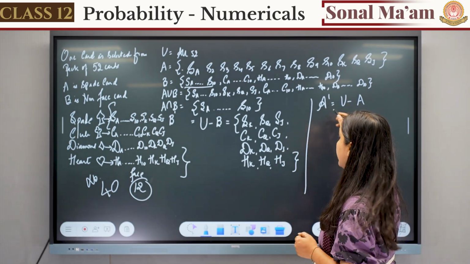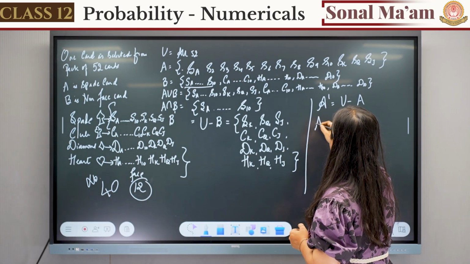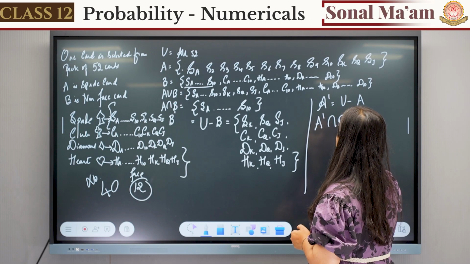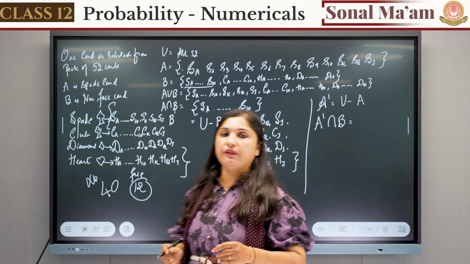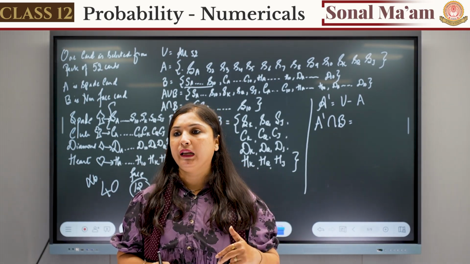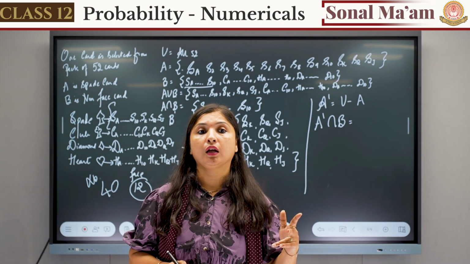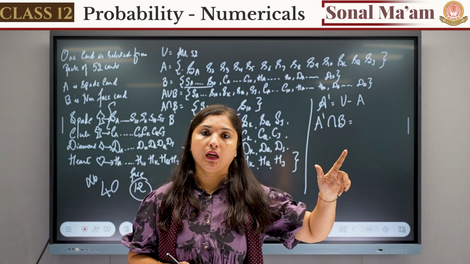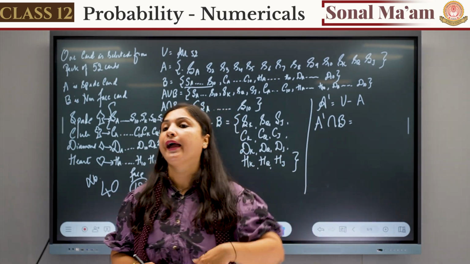Is it clear? Okay. If it is given A complement intersection B, what does that mean? We don't want A, but from where?